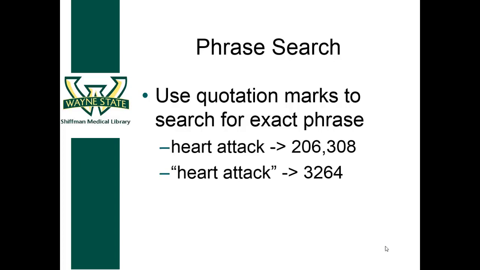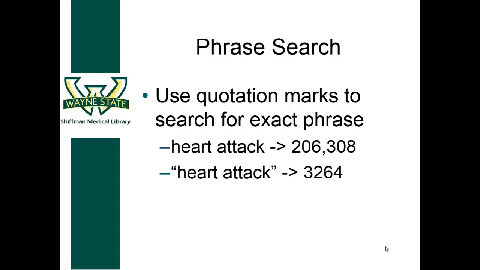For example, if you search heart attack, you will get 206,308 citations because PubMed looks for citations that have keywords heart and attack, myocardial and infarction, and also retrieves citations that were indexed as myocardial infarction to enhance your search results.